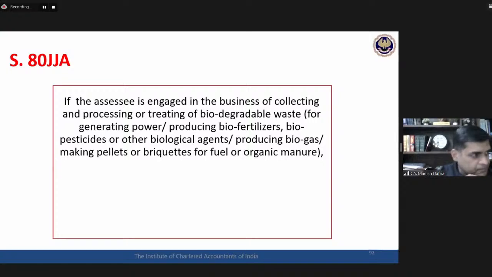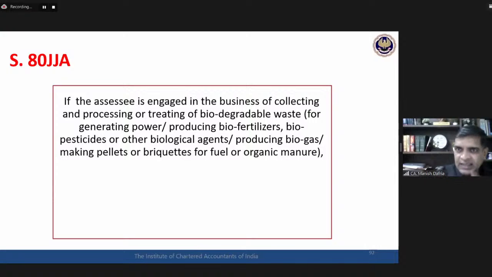Fine. Now this simple one, 80JJA. What exactly is this section? The assessee is engaged in the business of collecting, processing, or treating biodegradable waste. So what is my assessee doing? The assessee is in the business of waste collection and processing.